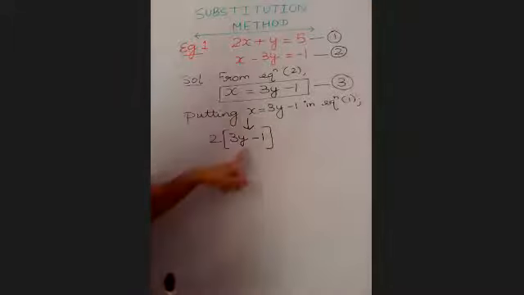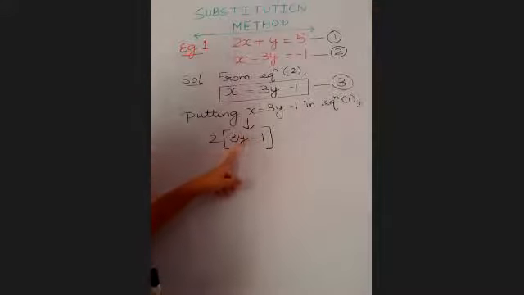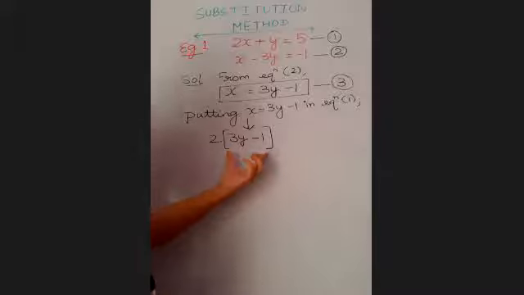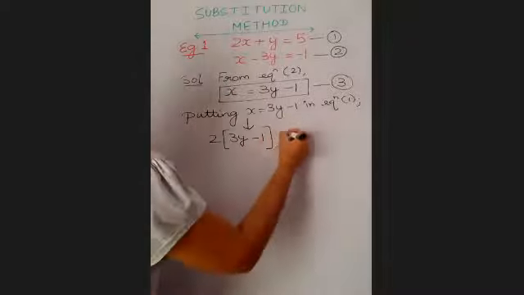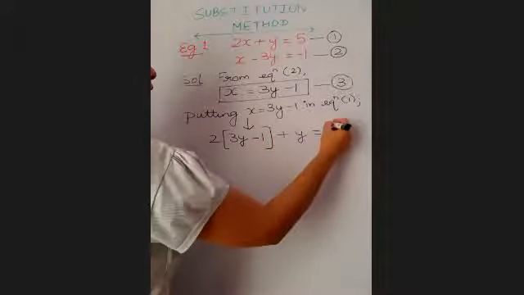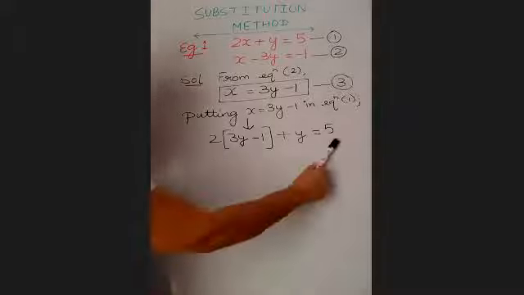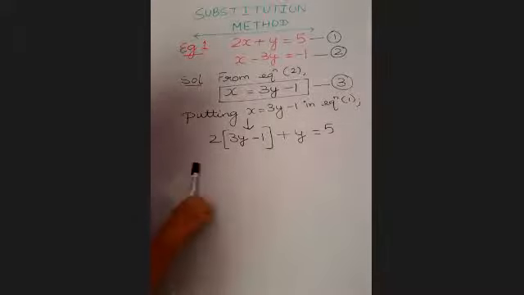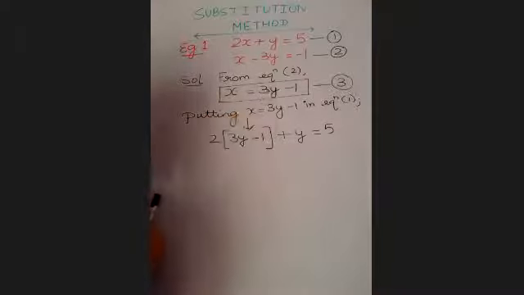This is the value of x. It was 2x, so in place of x, I am putting 3y minus 1. It has to be in brackets. Plus y is equal to 5. Now can you see there is no x in this equation? Yes, ma'am. Because we have substituted x by 3y minus 1.